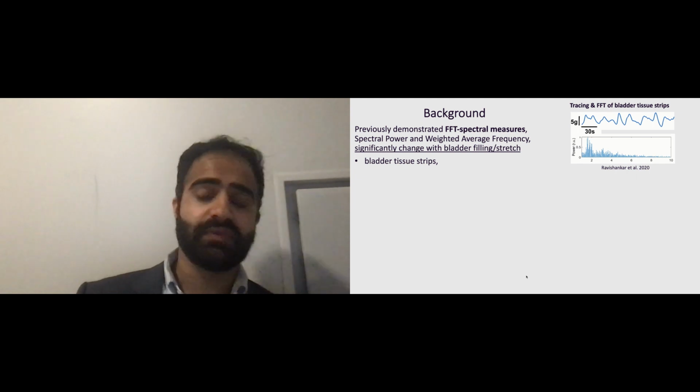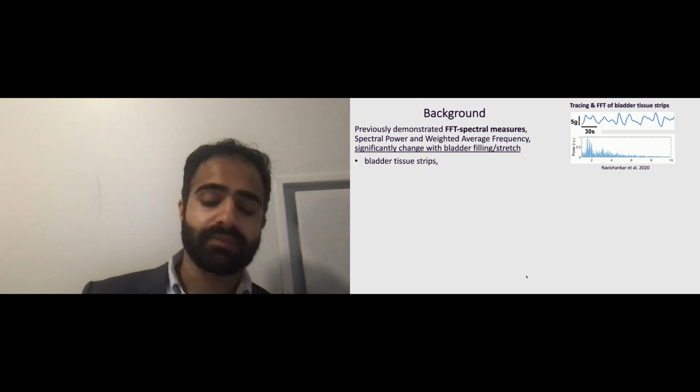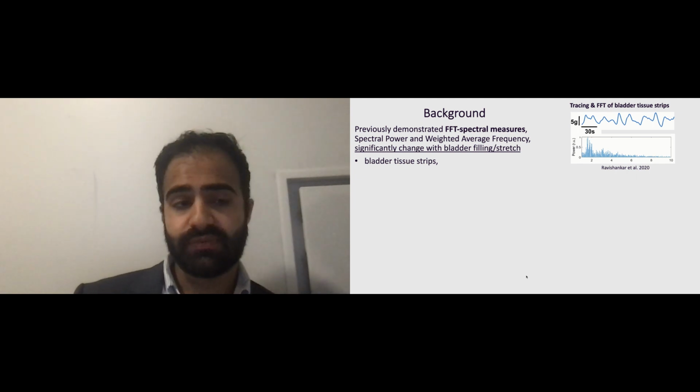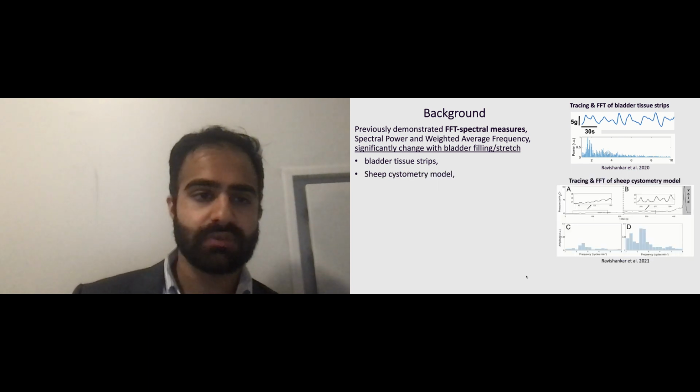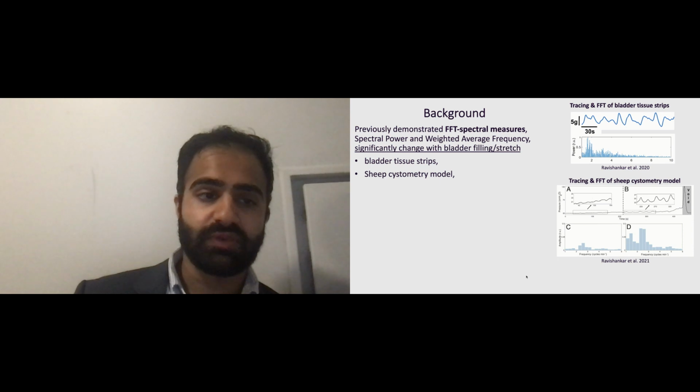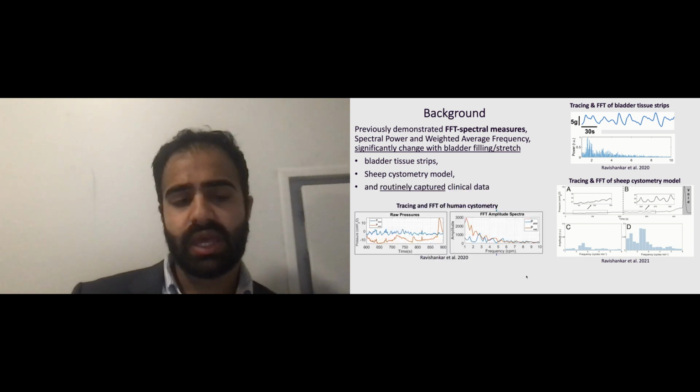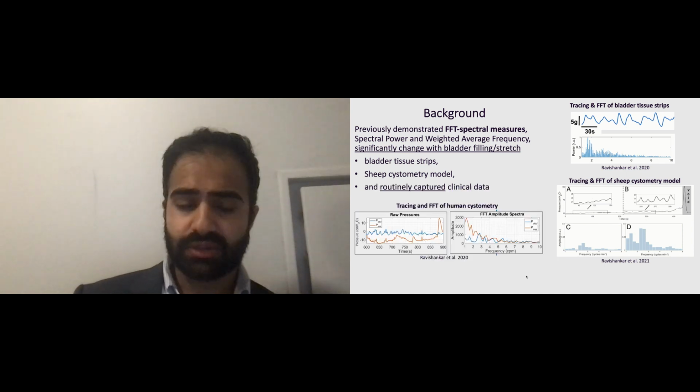So these models specifically are an in vitro model of pig bladder tissue strips under various tension, an in vivo sheep cystometry model, and using routinely captured clinical data.